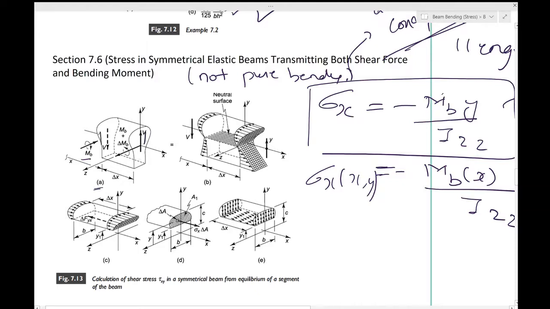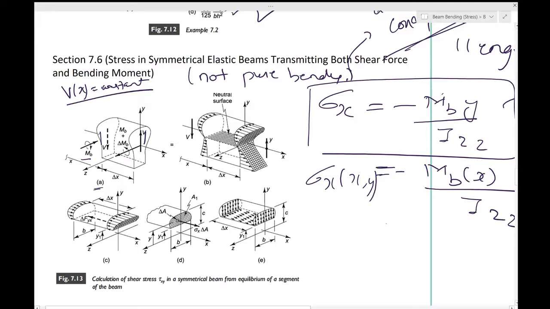Now there are certain changes in the symbols and we see what is there. We take the case where there is no external transverse load acting on the element, so the transverse shear force V is independent of x. Let's take a case where V of x is constant, and the reason for that is there is no transverse force acting on your beam.